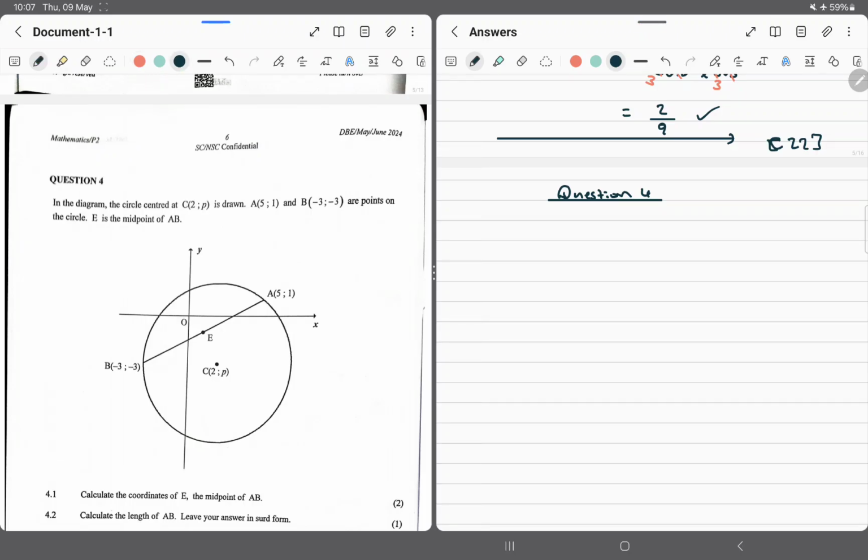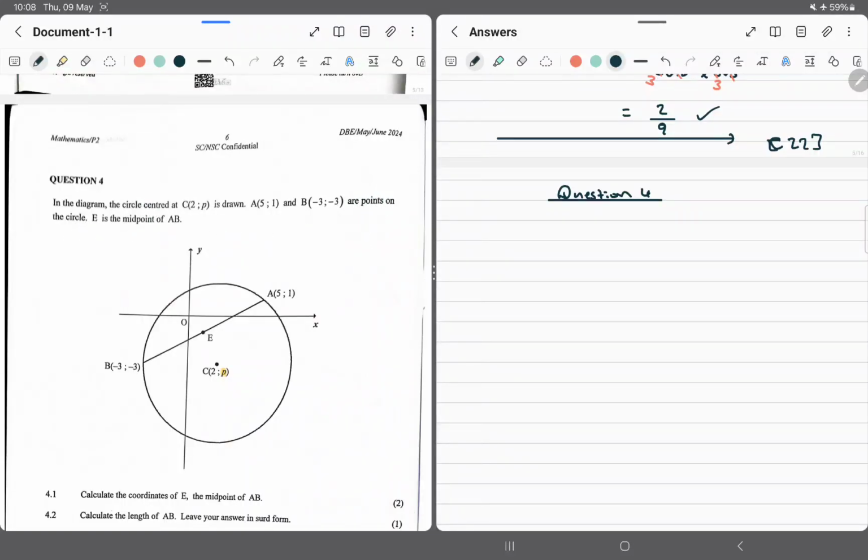Alright, guys, let's not talk nonsense now. Time is against us. In the diagram, the circle centered at C with coordinates (2; p) is drawn. A with coordinates (5; 1) and B with coordinates (-3; 3) are points on the circle.